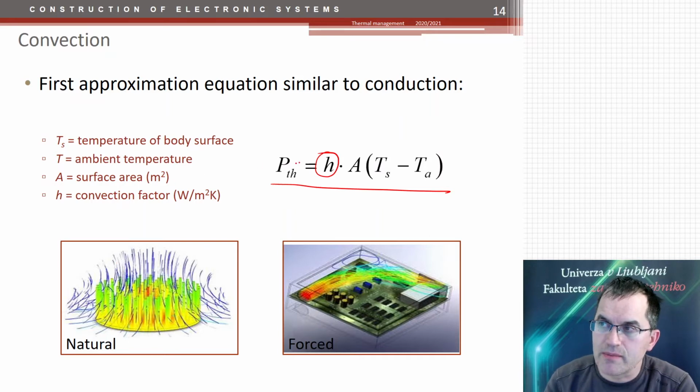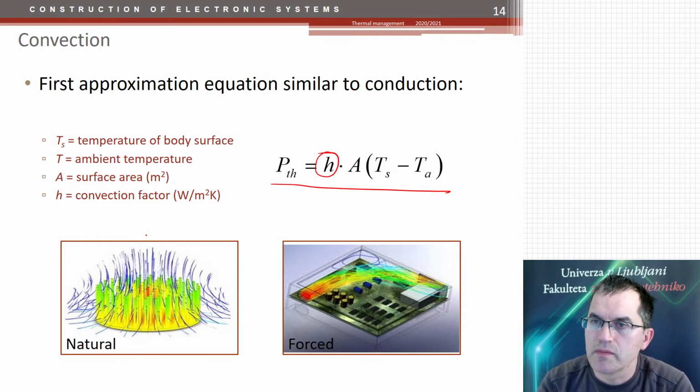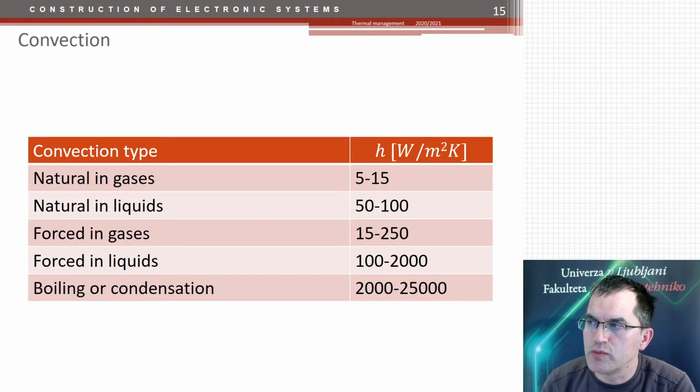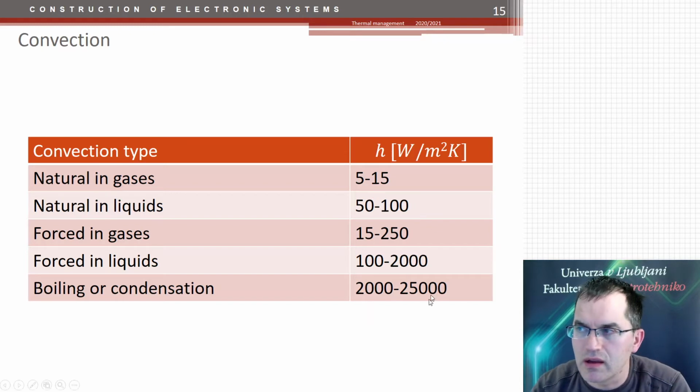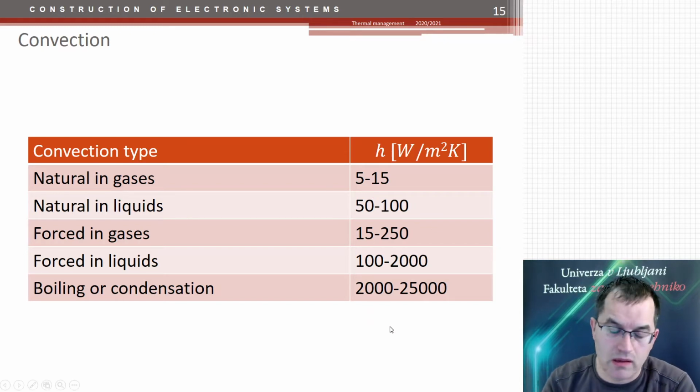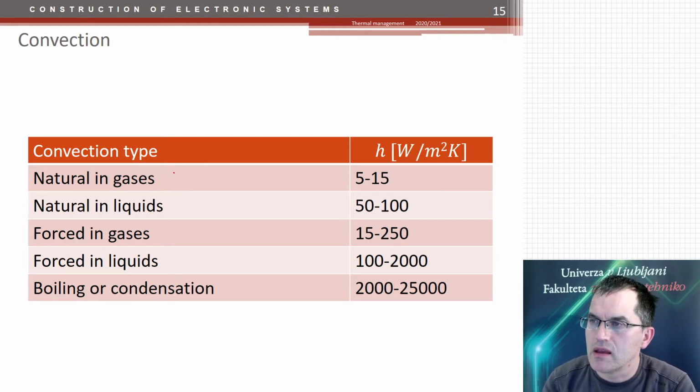So this convection factor is very dependent on different mechanisms. For example, in a laminar flow it is quite well defined, but in turbulent flow it is totally off. So this convection parameter could be somewhere from this to this value, and you don't know it well. The only thing you can see from this chart is that in liquids you have a much higher convection factor than in gases.